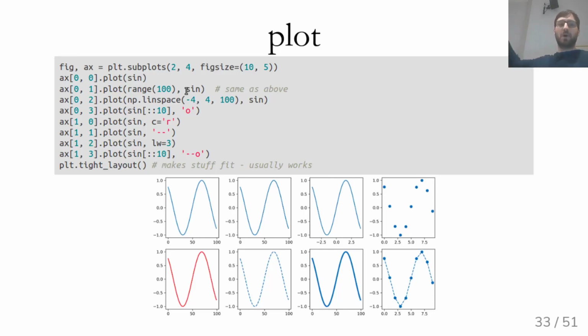If I set it to O, I get a scatter plot. If I set it to dot, I get smaller scatters. If I set it to X, I get a scatter plot with X's, and so on. Of course, you can set things like color, transparency, and so on. If you want a line plot with dashes, you can set it to dash dash. If you want dashes and dots, you can do dash dash O, and so on. So there's many different line styles.